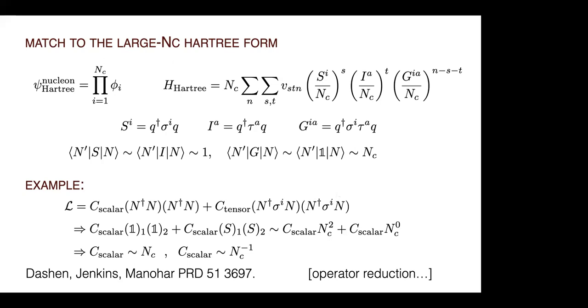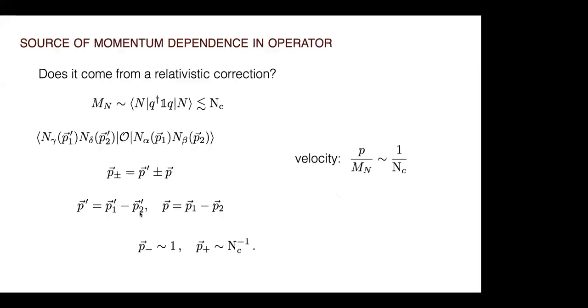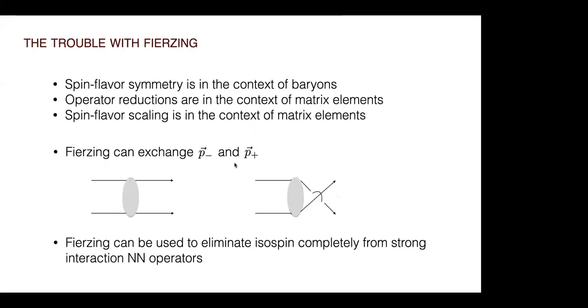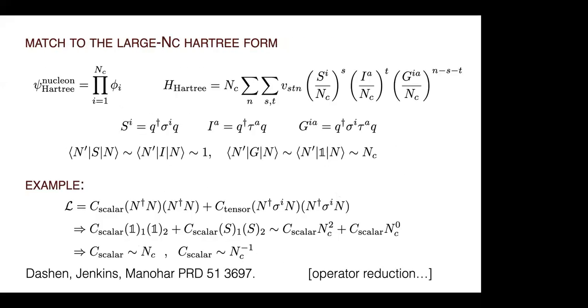And if we impose this matrix element ordering that we just talked about, then I've got a scalar. I've got the unit here, this number operator along, I'll call this because of the factorization, nucleon line 1, and another number operator for nucleon line 2.